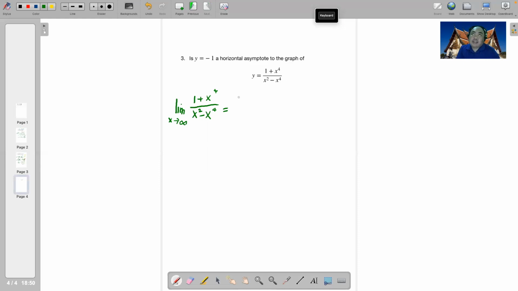So we ask ourselves again, what is the highest exponent with respect to x? This time we have x to the fourth. So what we do is we multiply this by a factor of 1 over x to the fourth divided by 1 over x to the fourth.